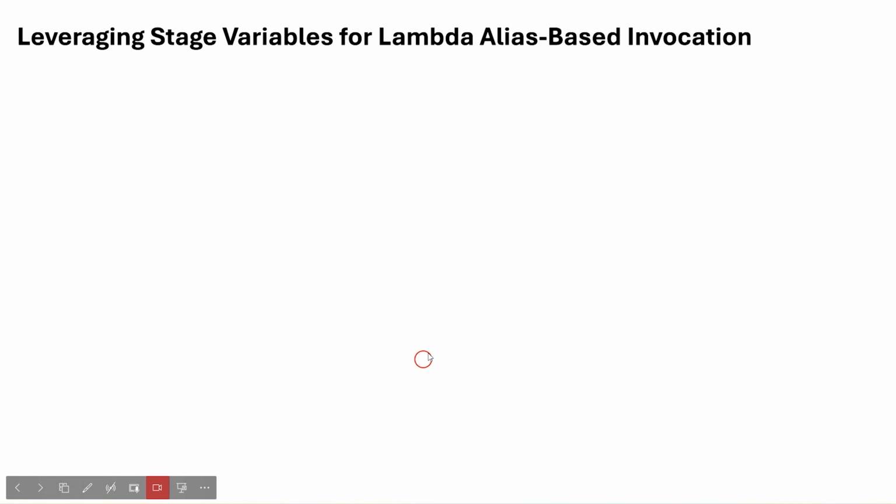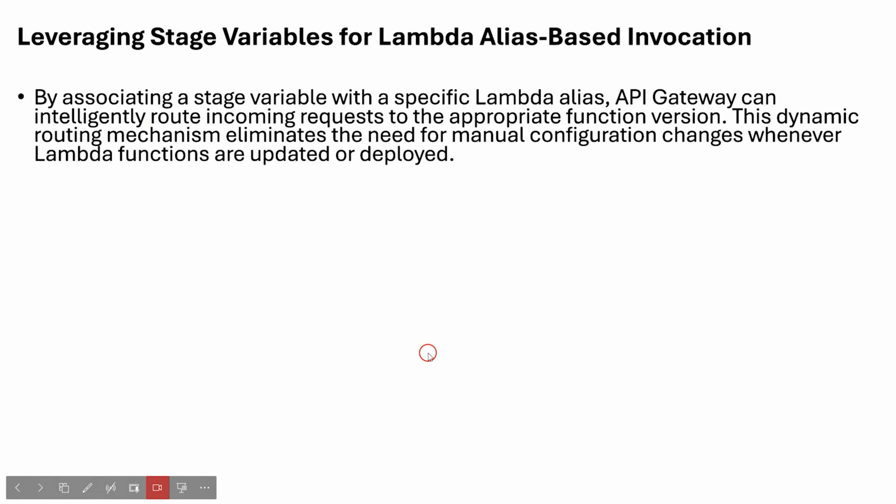Now, by associating a stage variable with a specific Lambda alias, that means we use a stage variable which represents a specific Lambda alias. Then API Gateway can intelligently route incoming requests to the appropriate function version. Here in our API Gateway we are mentioning the Lambda alias through a stage variable.